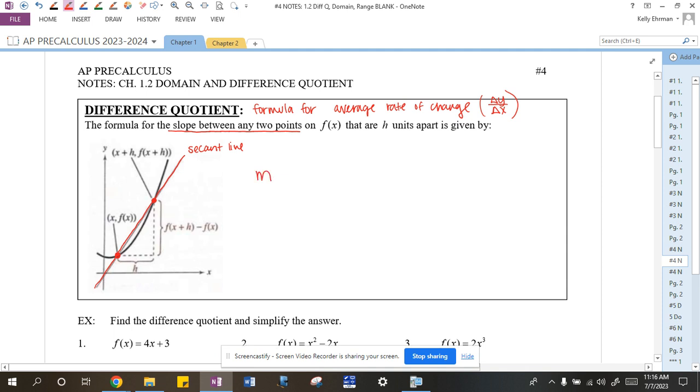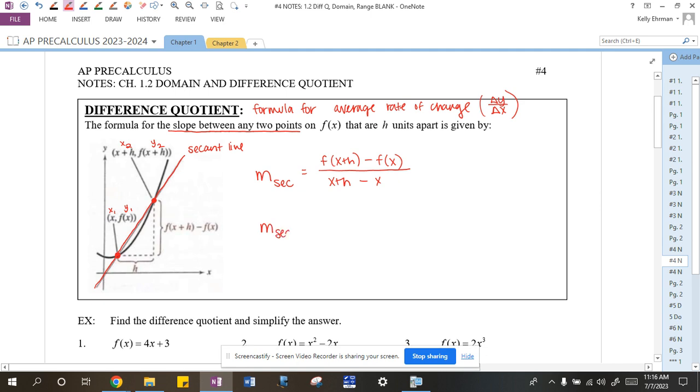So the slope for a secant line, I'm going to write m secant here, is equal to, let's take this first point as y2, f of x plus h minus y1, f of x, over, let's call this x2, x plus h, minus x1, which was just x.